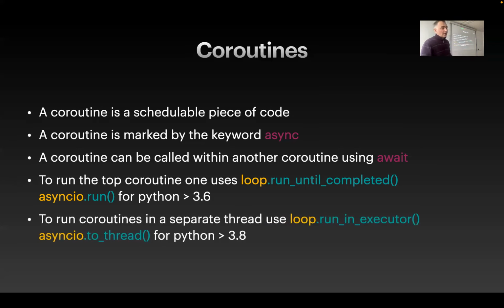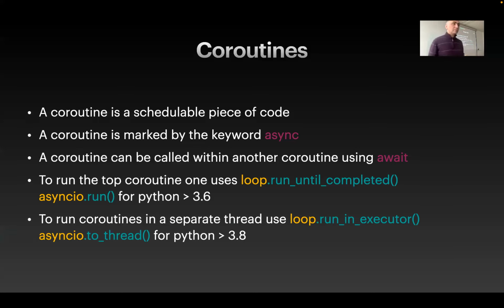If you want to run a coroutine in a different thread, you use the same loop, but run_in_executor. It initializes a thread pool for you, takes a thread, and then runs this particular coroutine in that thread.